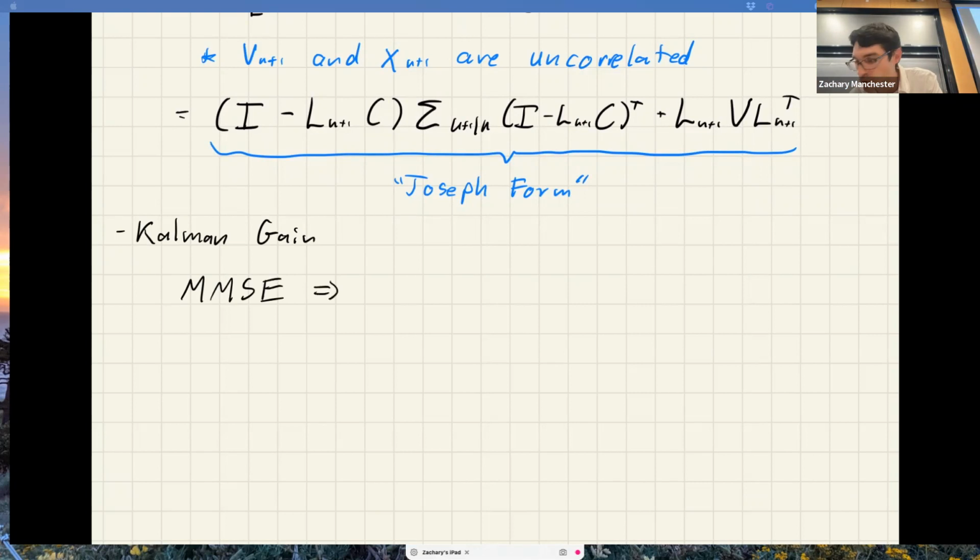It means we're going to minimize the trace of sigma k plus 1 given k plus 1, and we already said this is equivalent to minimizing the trace of the covariance.